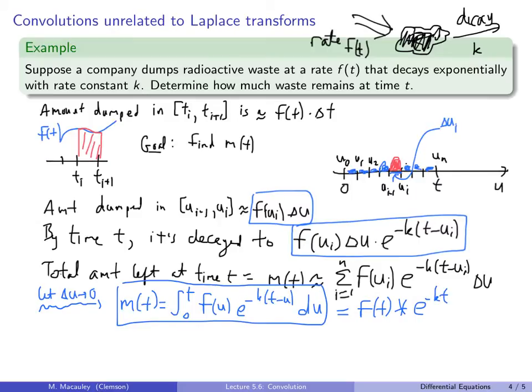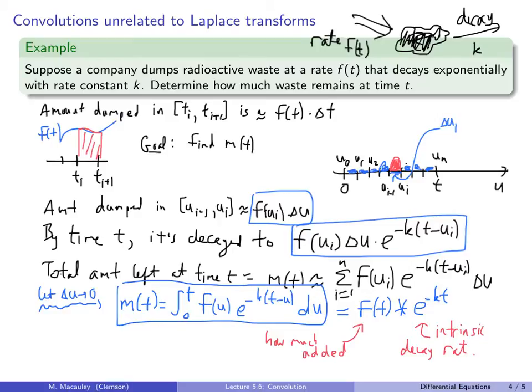What I want you to notice here is that f of t represents how much was added by the big bad company, and this represents the intrinsic decay rate of whatever the material is. In this case, I think it was uranium.